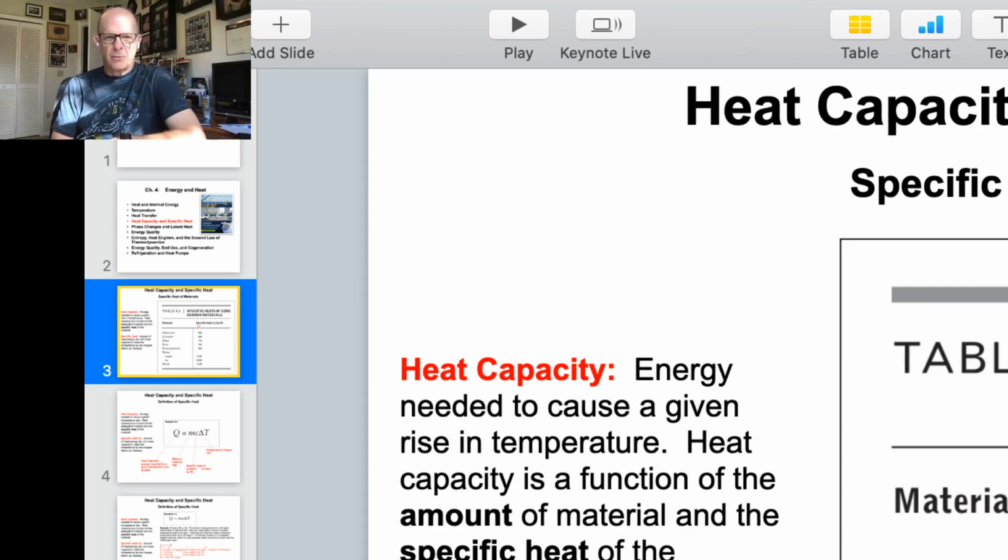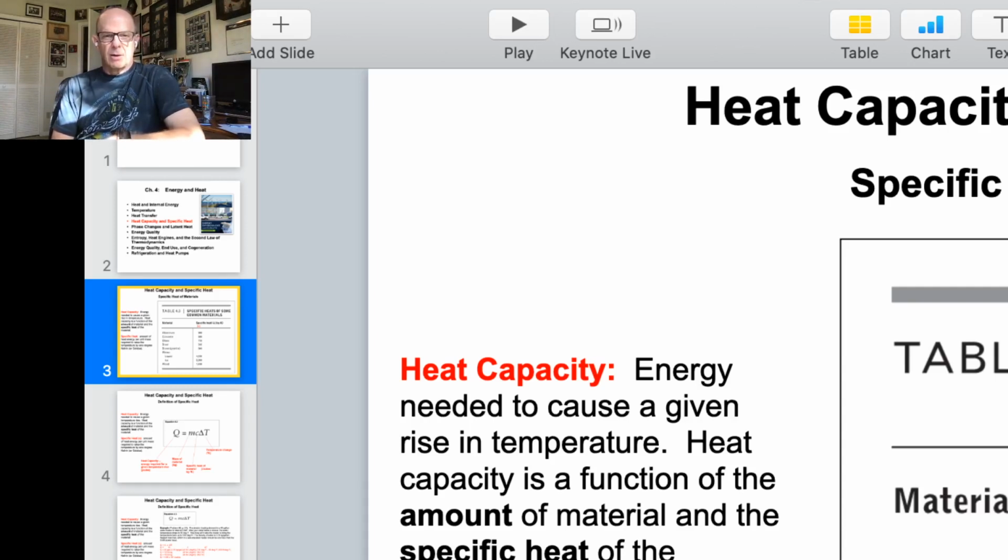So the specific heat of aluminum, as shown in this table here, is 900 joules per kilogram per Kelvin. And what that means is it takes 900 joules of energy to increase the temperature of 1 kilogram of aluminum by 1 Kelvin.